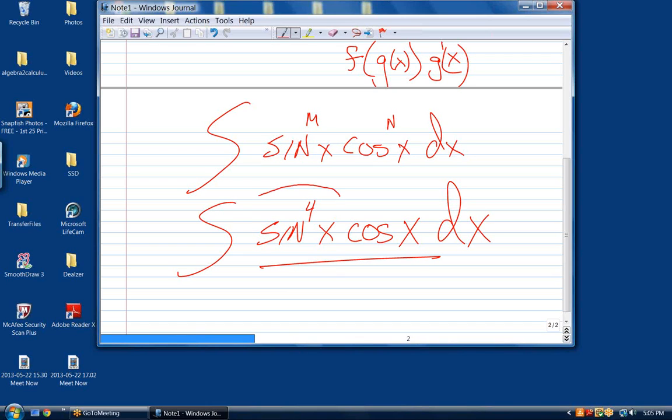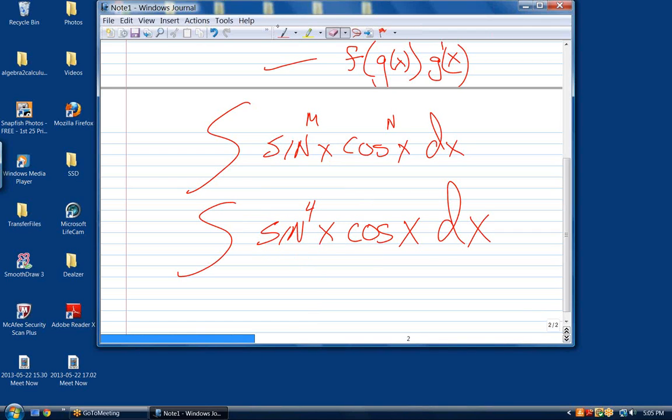The f of g of x is this, and the g of x is sine x, so the derivative of that is cosine x. So we're looking at that format, which you want to be on the lookout for when you're looking to use substitution.